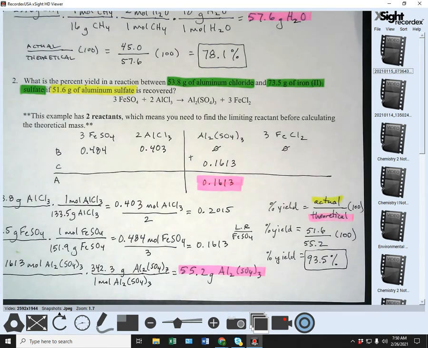Okay. So that's one way to do this. Okay. If that way makes sense and you like it because it's using the BCA chart, and that's what we've been doing, then you can just stop right now and you're good with the video.